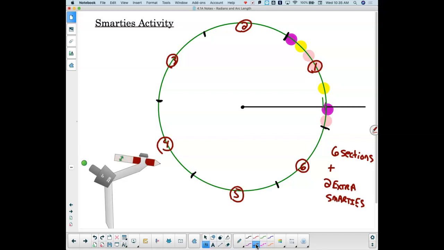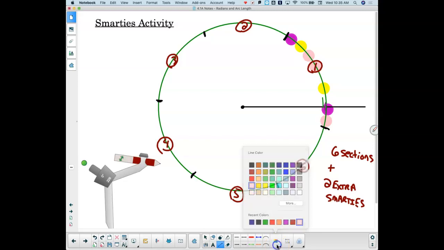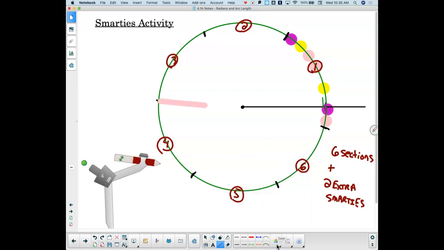What's a radian? It's like the radius, right? So what we just came up with is we just described, and I'll put it in Smarty Pink, what we found is that this angle here is 1 radian.